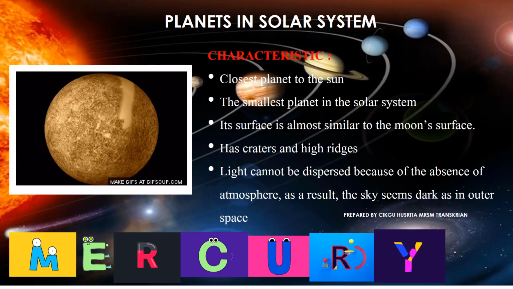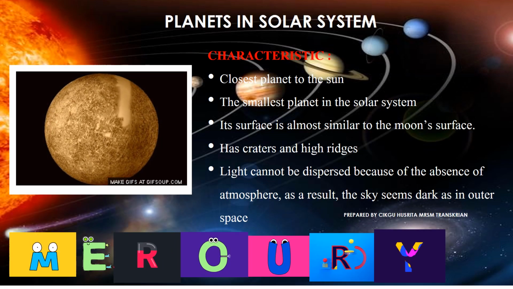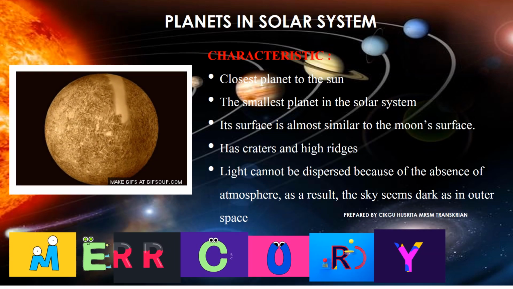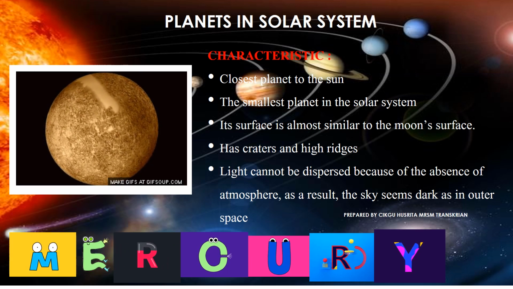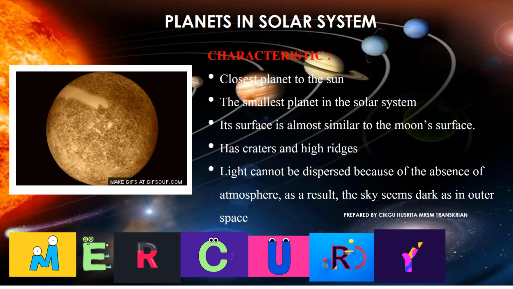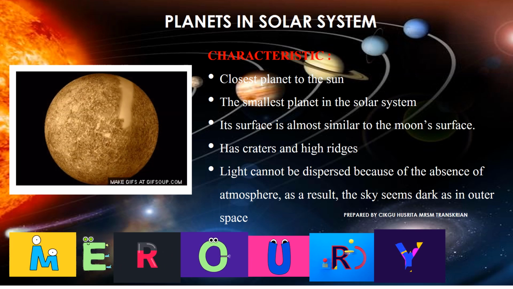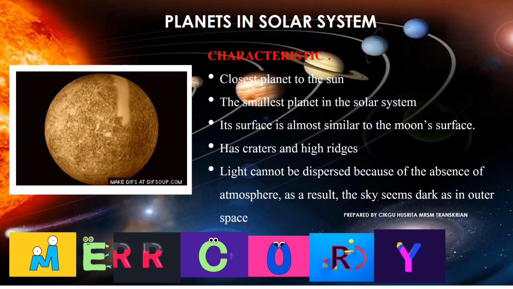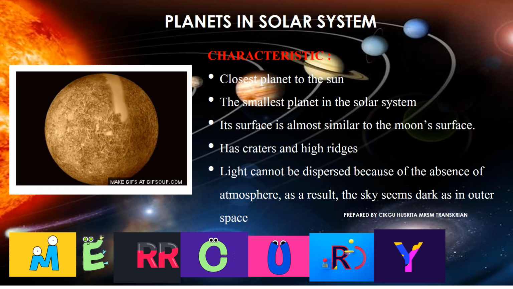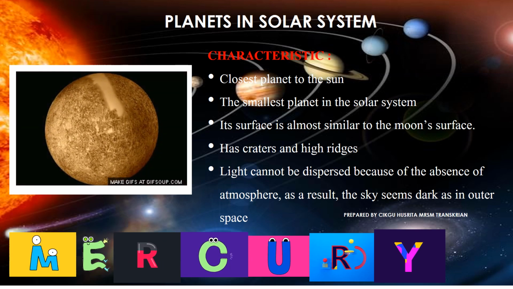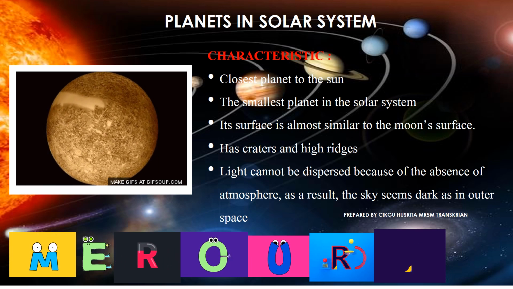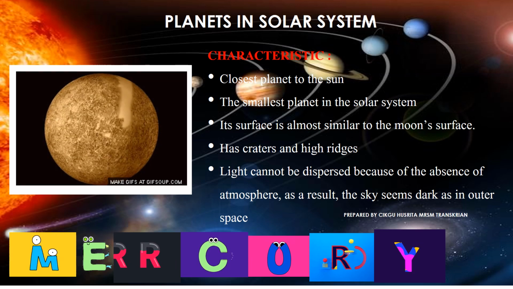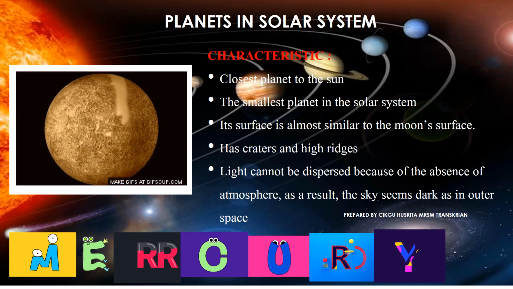Next, the planets in the solar system. The first planet, closest to the Sun, is called Mercury. It is the smallest planet in the solar system. Its surface is almost similar to the Moon's surface, but scattered with high ridges. Light cannot be dispersed because of the absence of an atmosphere. As a result, the sky seems dark as in outer space.